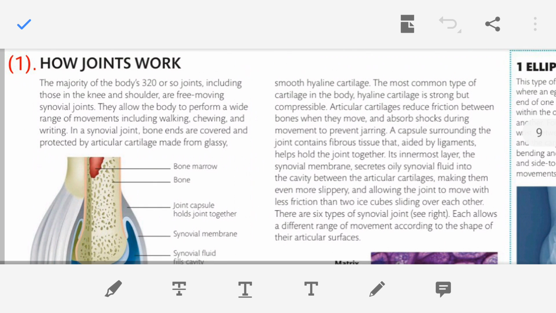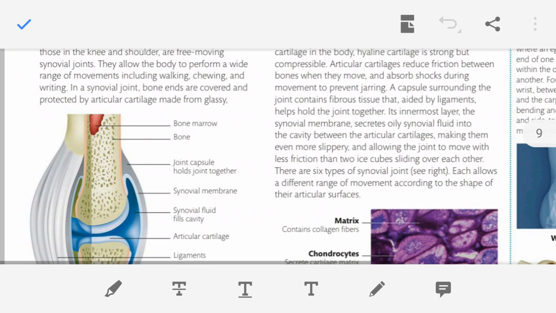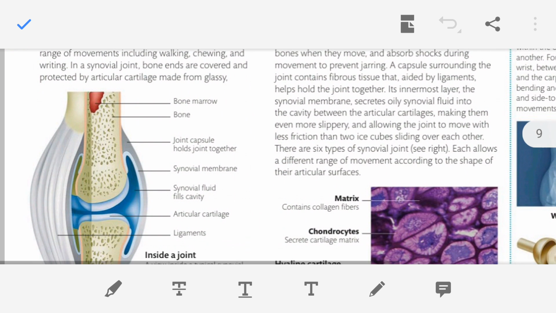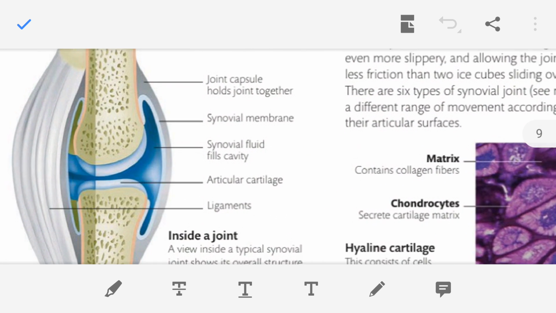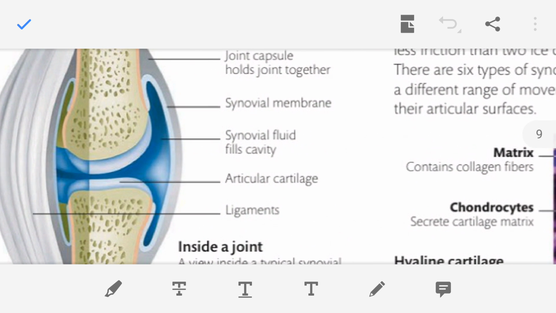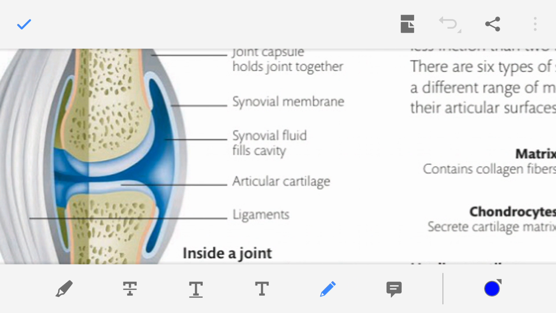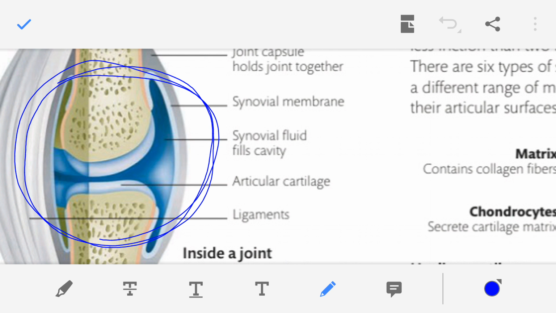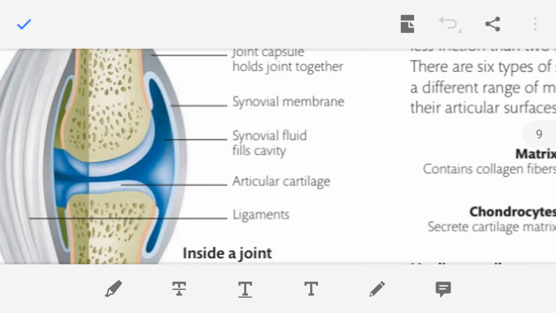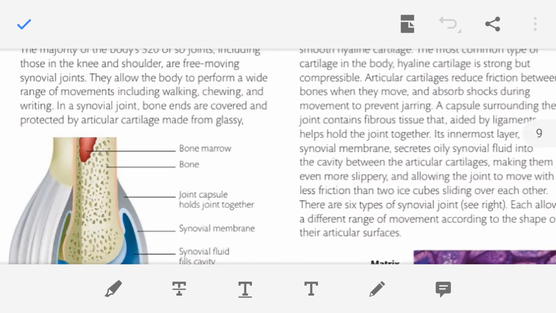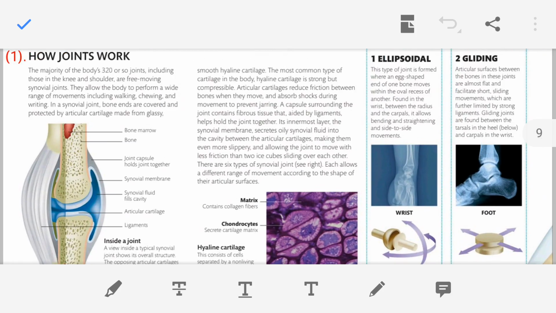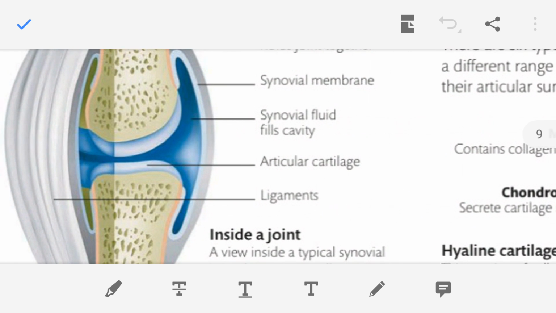Now where are the synovial joints present? Synovial joints are present where two long bones are meeting together. So here in this figure, one synovial joint is shown. This is the synovial joint, and the articulating surface of the bone.